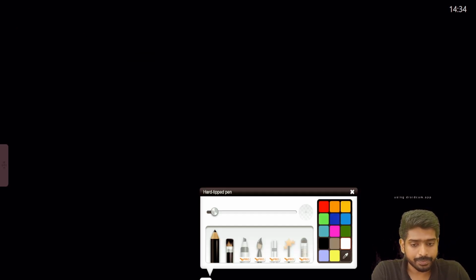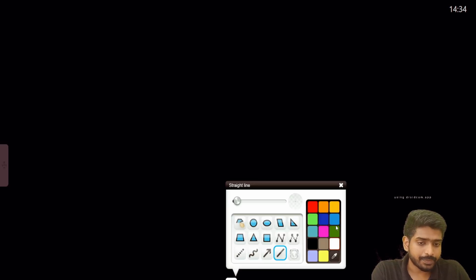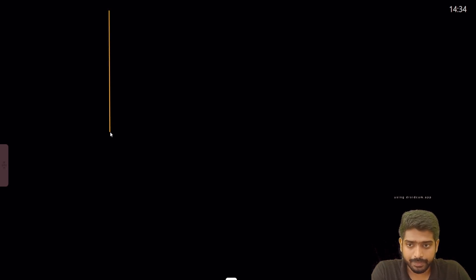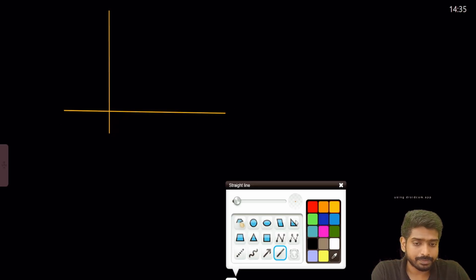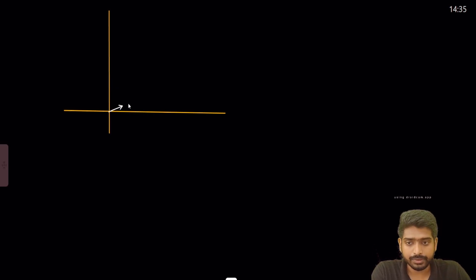Now next, let's suppose they've given one complex number with magnitude r1. This is my y-axis, and this one is the x-axis. They gave one complex number z1 with magnitude r1, and one more complex number z2 with magnitude r2.